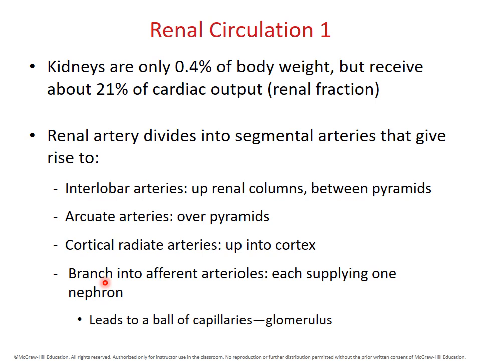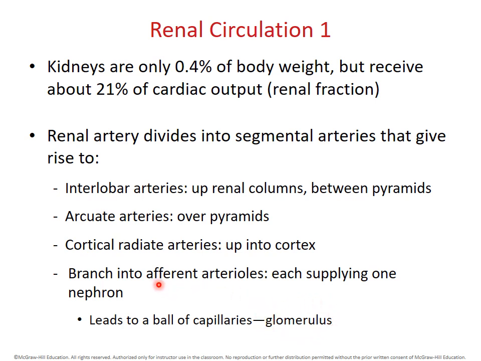So these afferent arterioles are going to supply, as arterioles always do, a capillary bed where this physiology of filtration and reabsorption begins. That initial capillary bed that is involved in the first process of urine production is referred to as a glomerulus.